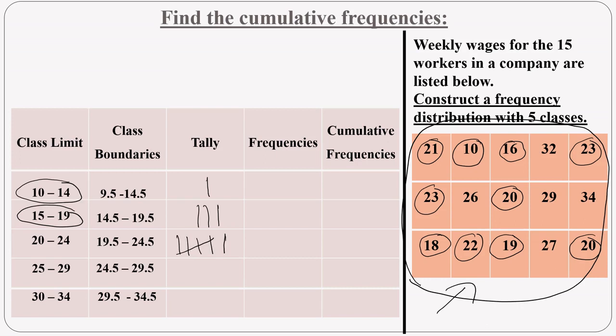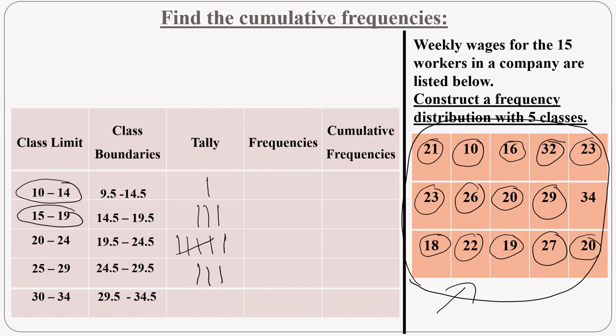Okay. Next, 25 to 29, how many values are there? We have 26. As you can see, I'm rounding. Then we have 27. Then we have 29. So we have only 3. Then remaining values 29.5 to 34.5, we have only 2.